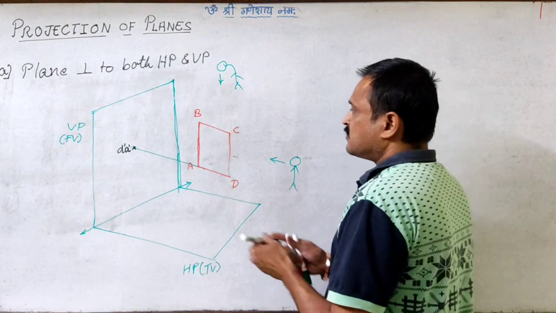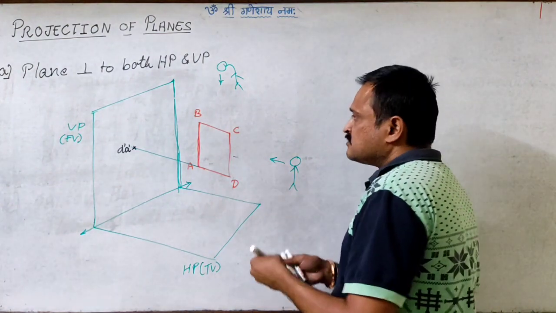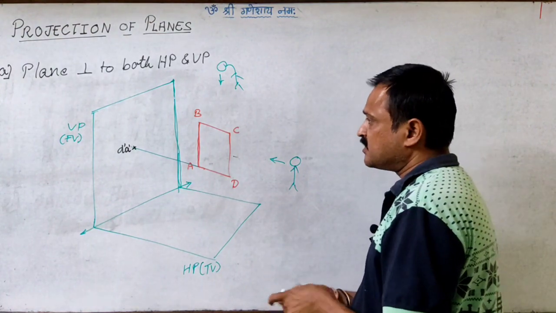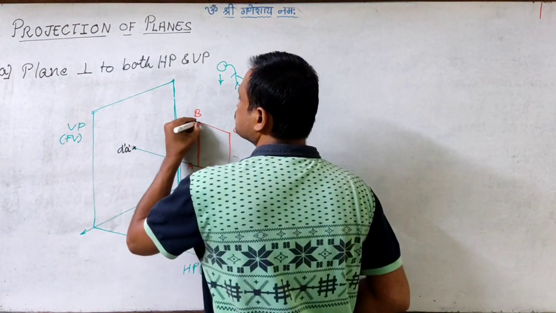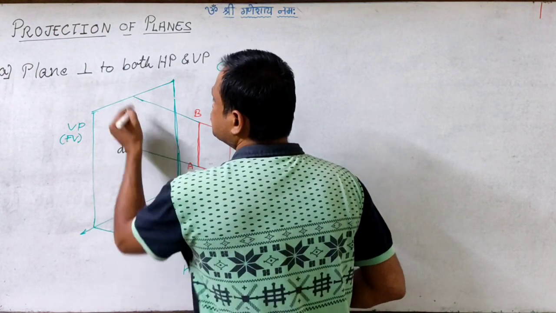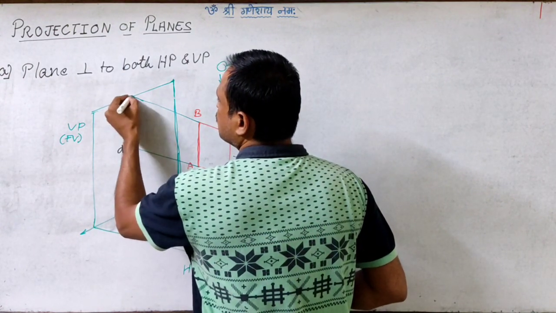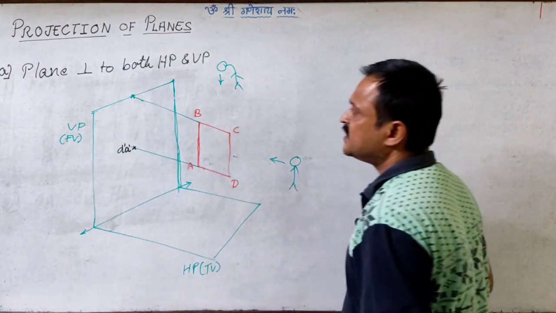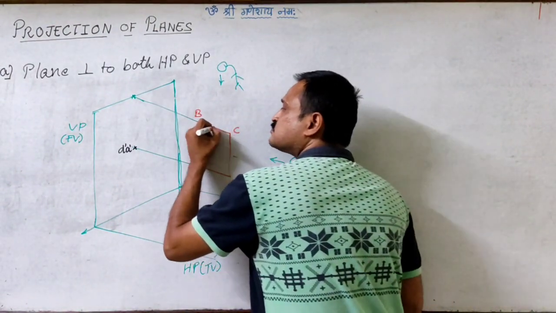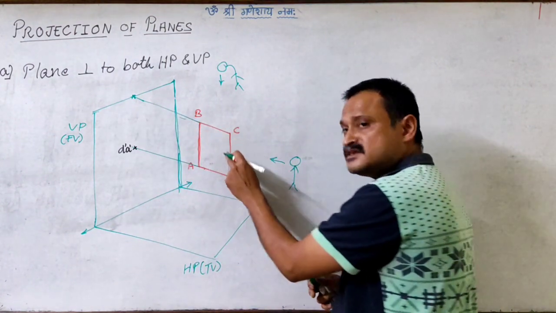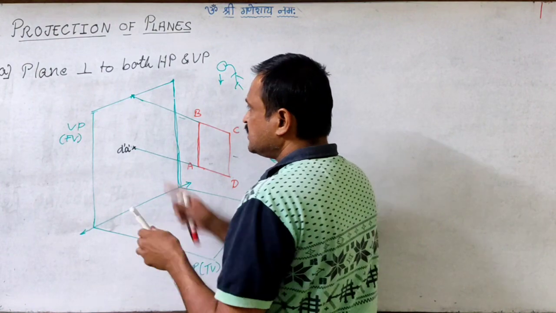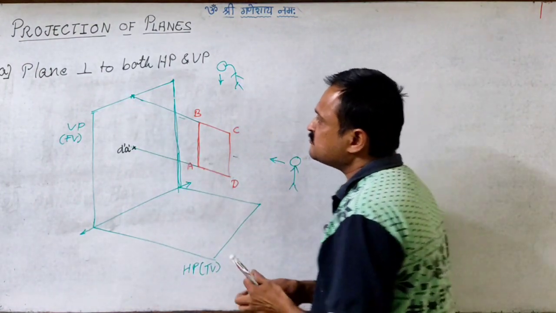Similarly, for the corner B, I am going to project the corner B. Now wherever it goes and meets the vertical plane, there I will be getting the image of B. Then we will be passing the projector through C, and definitely in this case it will pass through the corner B. So I will be getting it at the same place where the image of B is.